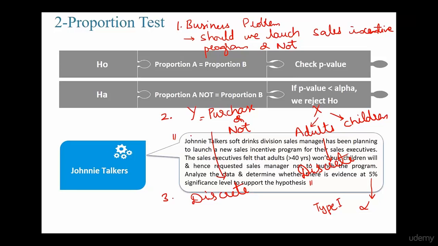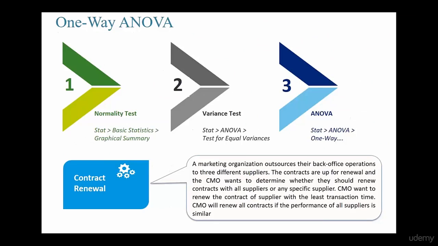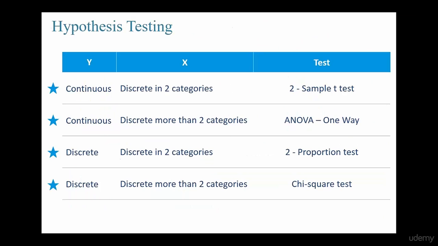Now, let me show you what test we need to perform if Y is discrete and X is discrete in two categories. That is when we resort to the two proportion test.